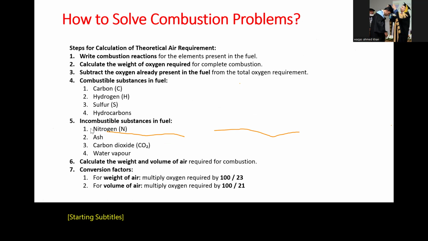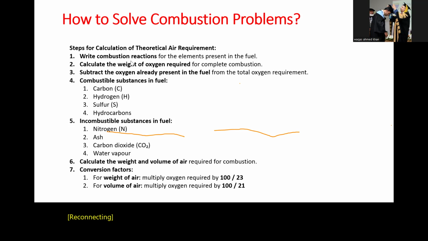These are the 7 steps, and if you follow these steps you can solve any type of numerical problem regarding combustion. You need the theoretical air requirement, so you can find the theoretical air requirement for any type of fuel. Initially, you write the combustion reactions for all the combustible elements present in your fuel.